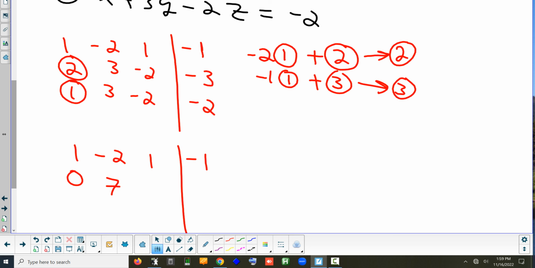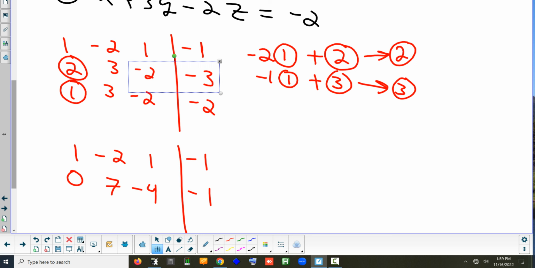Negative 2 plus negative 2. Multiply negative 1 times negative 2. Positive 2 plus negative 3. Negative 1. Let's do it again.